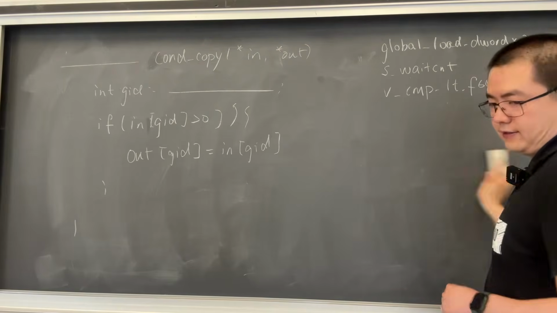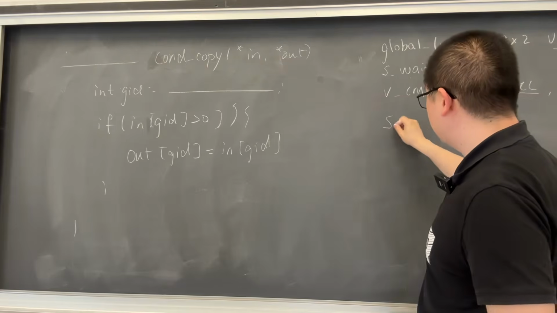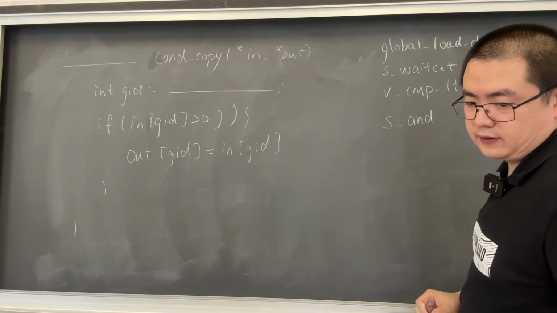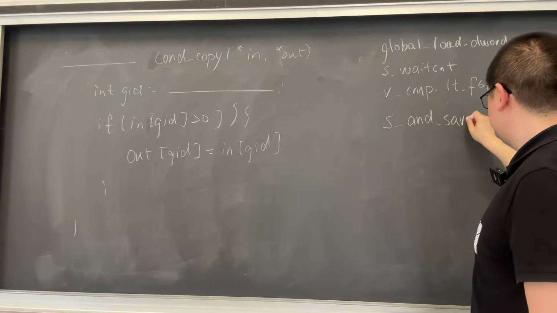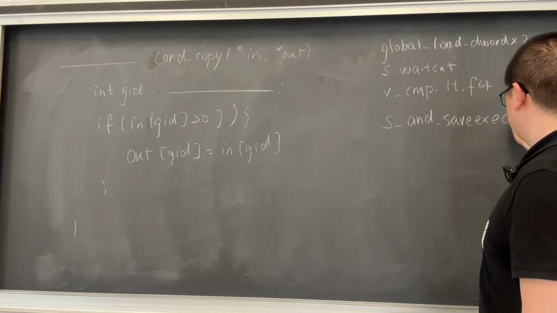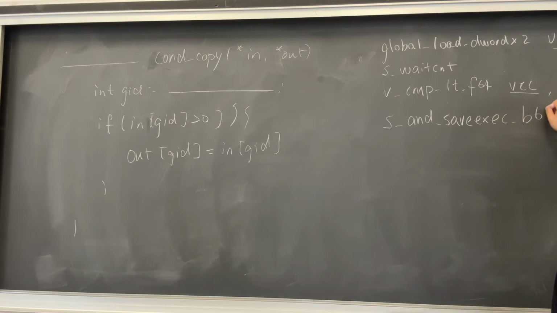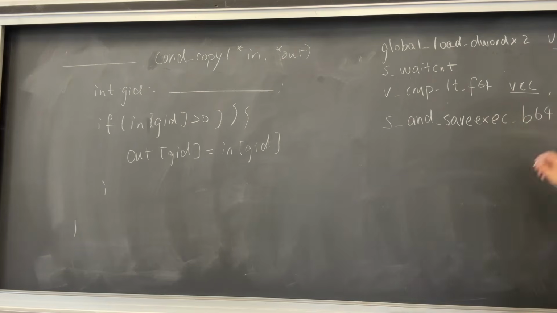Then the next thing, the interesting thing, is this instruction called S and save exec B64, S45, VCC.